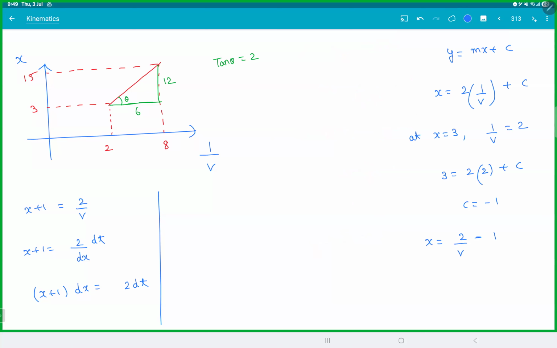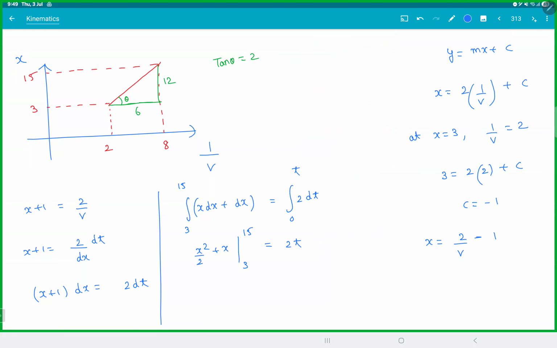I got the function from y is equal to mx plus c. If you integrate this, this will be x dx plus dx, limits going from 3 to 15. This will be integral 2 dt, limits from 0 to t. X dx is x square by 2 plus x. Limits are 3 to 15 is 2t.